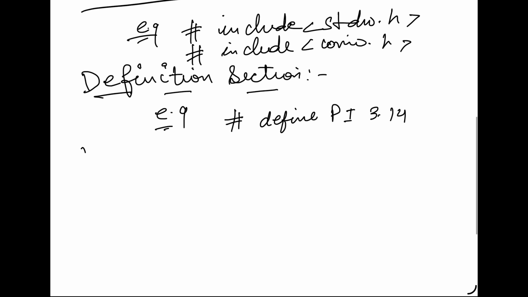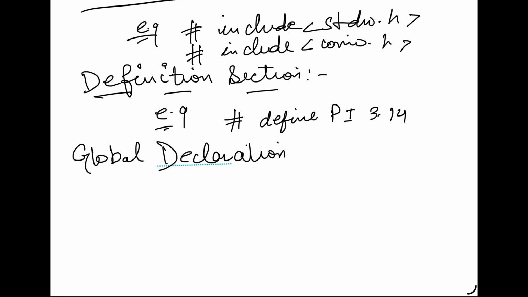Next is the global declaration section. This section is optional. The variables declared in this section are shared among many functions within the program.